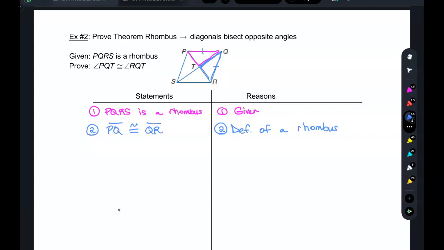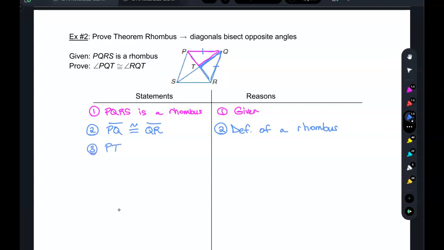Why can't you say it's 90 degrees? If it's a rhombus, we automatically know that it's going to be a parallelogram. So all the theorems that go with a parallelogram are going to be true. So for example, what about these two segments? What do we know about PT and TR? Those are congruent. That's because diagonals bisect each other.